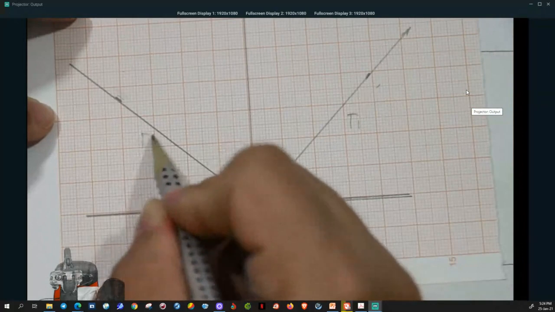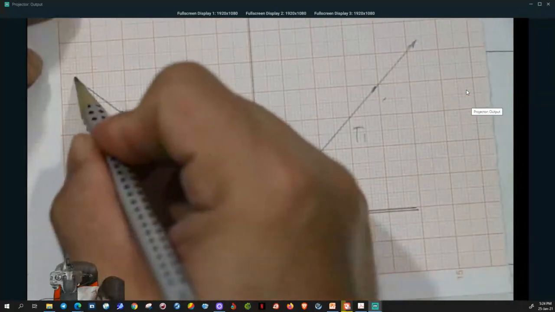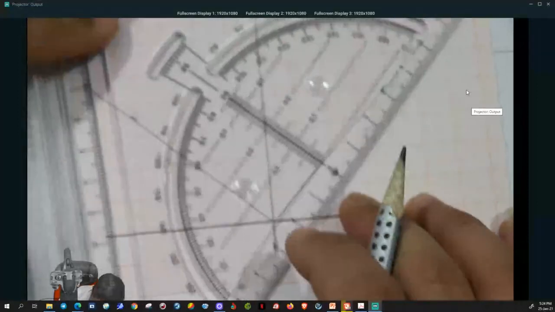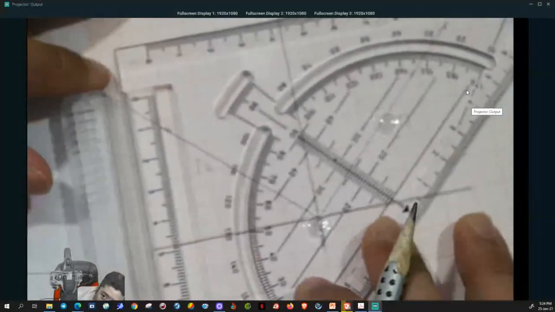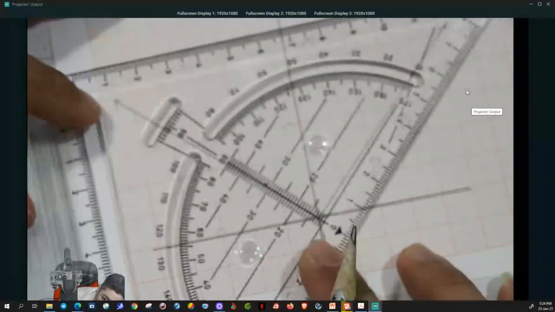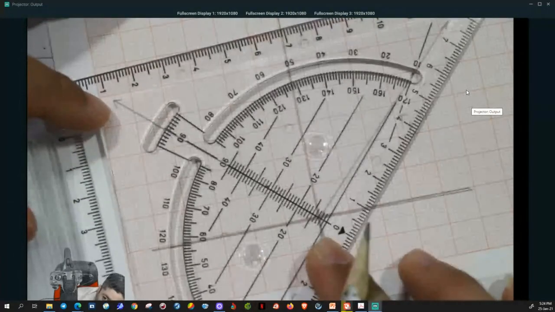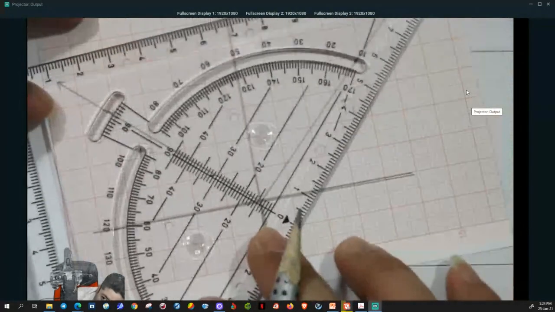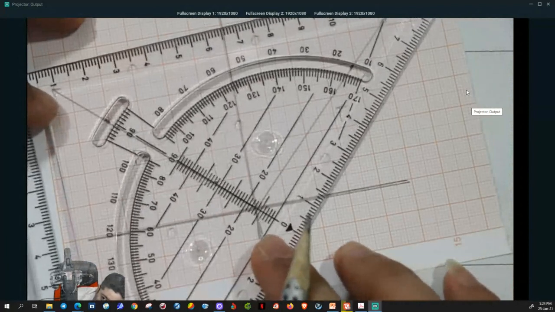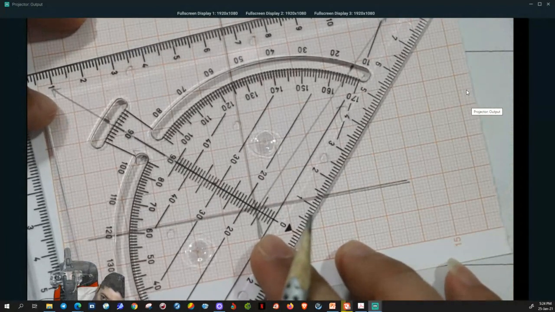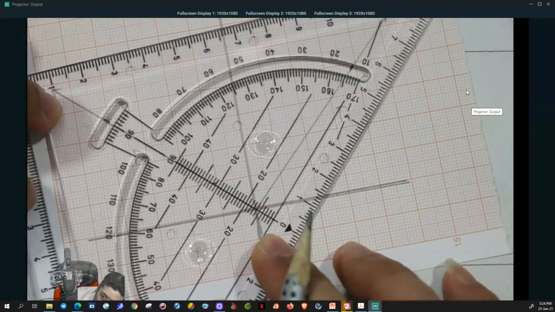This is your T2. That's the end of T2. I will take my degree scale and place it with T2 like this. There, like this. Can you see what I did? You want to align your degree scale with T2. Shabab, can you see what I did?